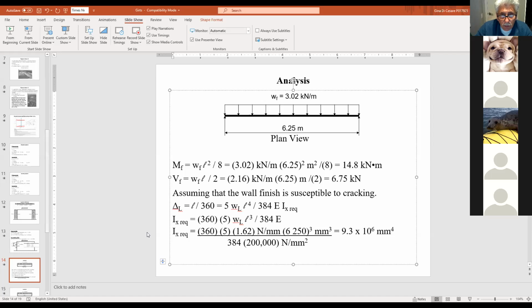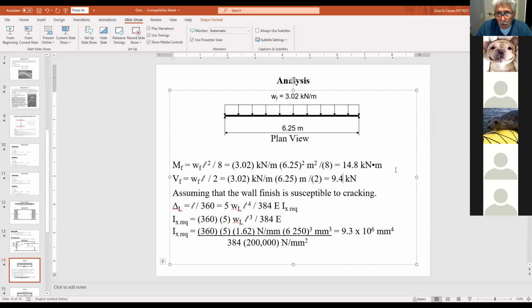And here I get 3.02. Two times 6.5 divided by 2 equals 9.4.